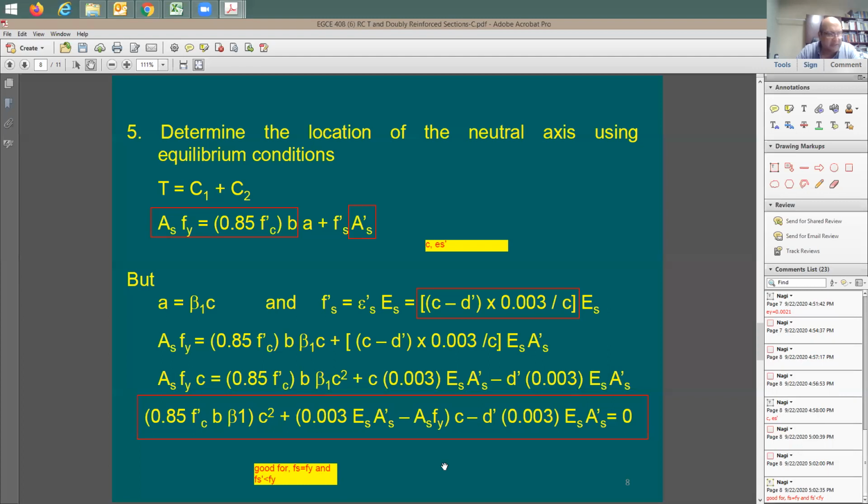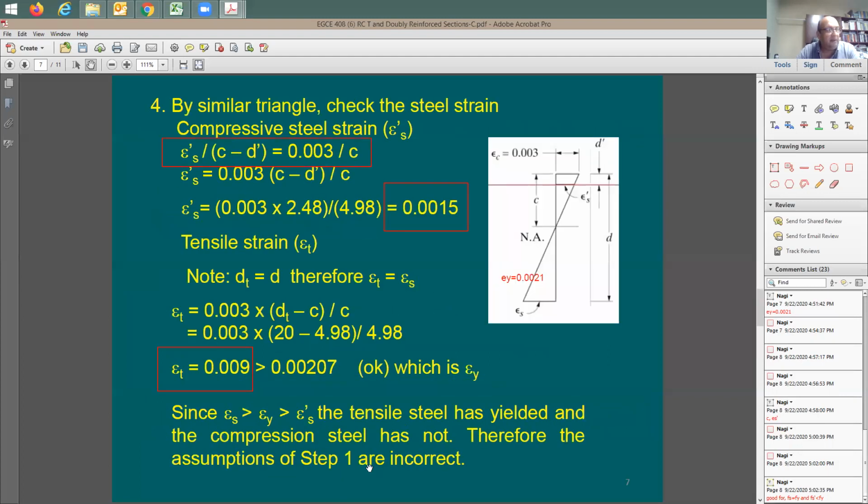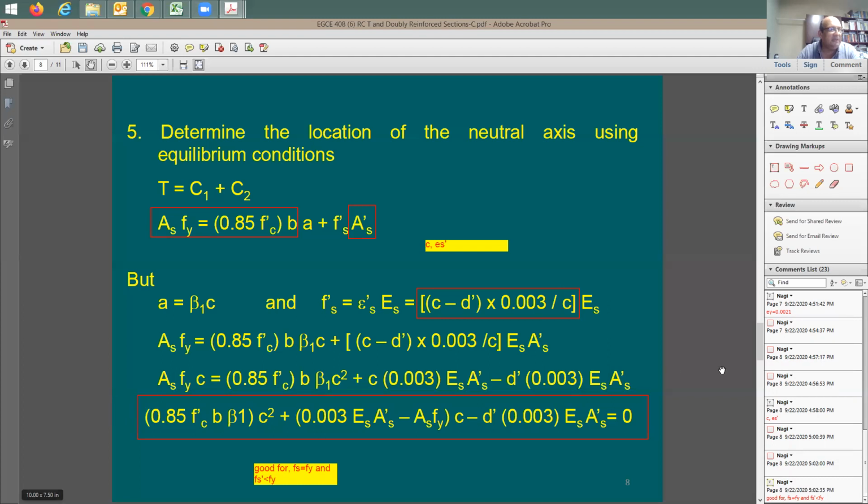So if you prove to yourself that the strain in the tensile steel is yielding and the strain in the compression steel is right before the yielding point, you should be able to use this equation. You don't really need to derive this again for me, but if I were you, I'd derive it for myself to understand what I'm doing here. You can just use this equation here.